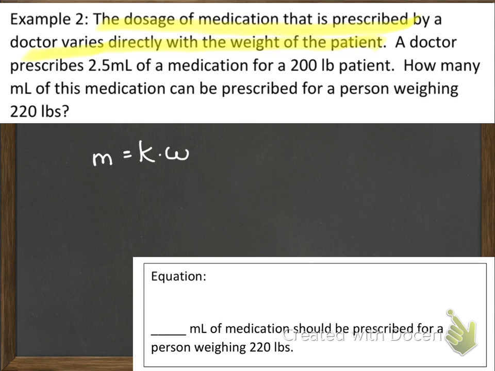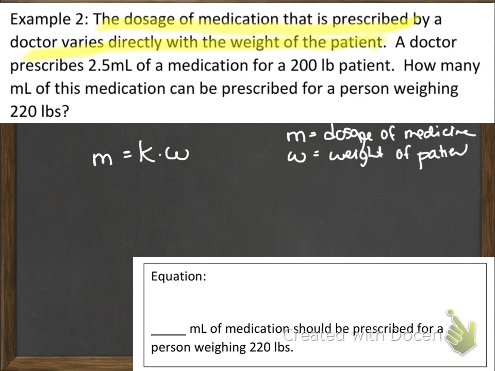Again, M is the dosage of medicine, and I'm going to make W equal to the weight of the patient. You can pick any letters you want to. All right, so let's keep reading.